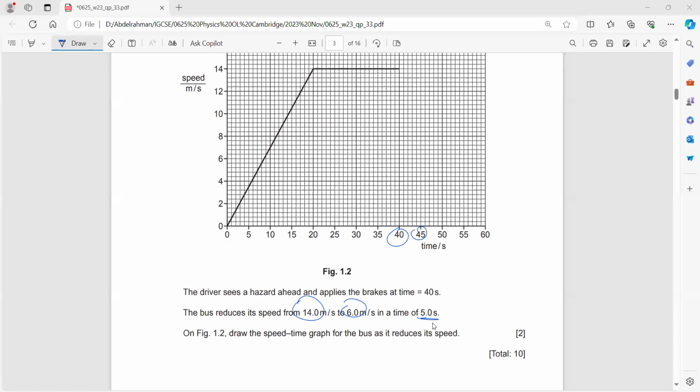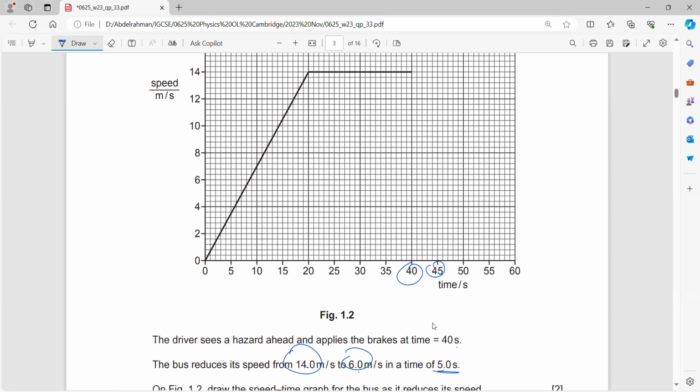He starts at 14 and ends his speed at 6. So at 45 I have to go up to 6. Then all I have to do is draw a straight line using a ruler.